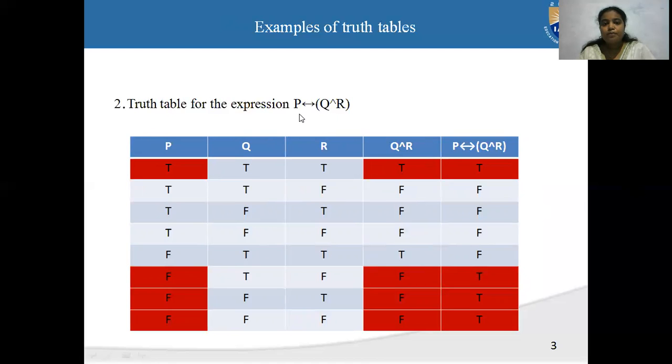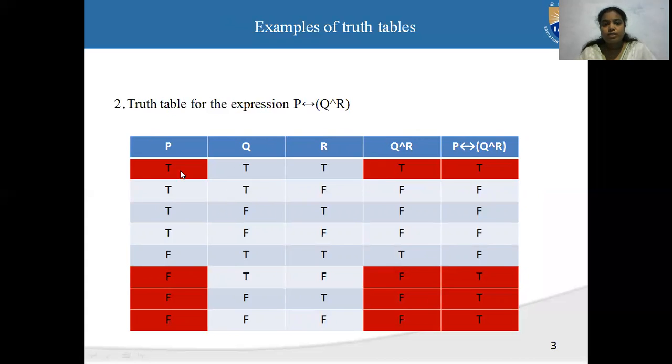Next, you have to write the entire expression because there are no minimal compound statements left: P biimplies Q and R. What is the rule you have to remember for biimplies? If both propositions have the same value, then the result will be true, otherwise false.